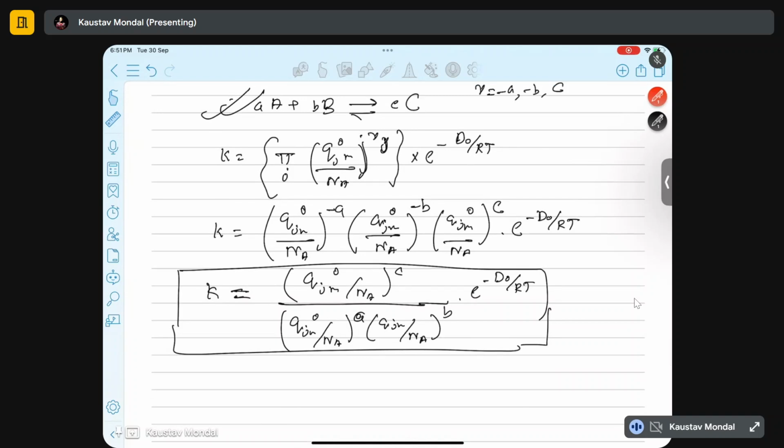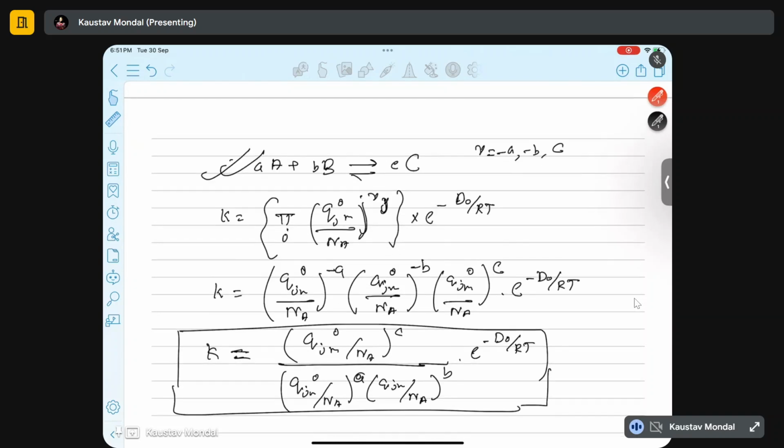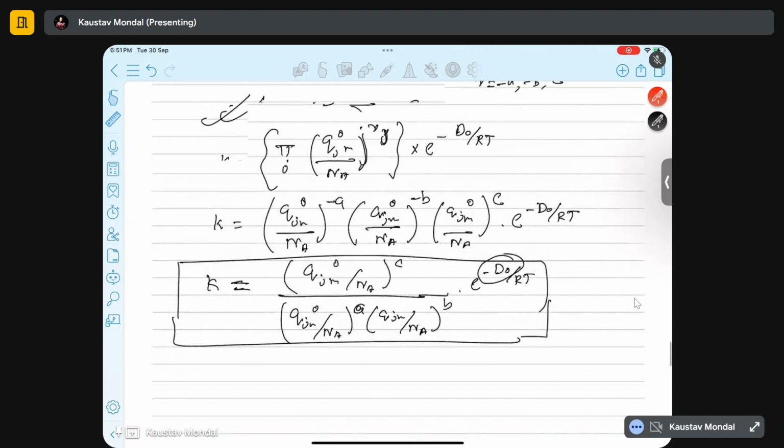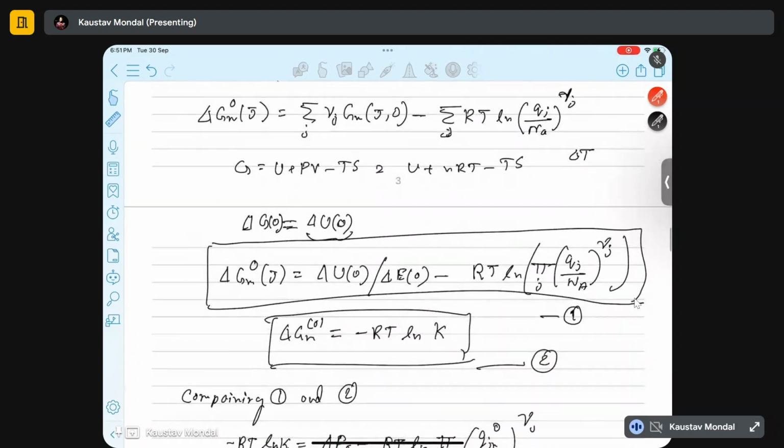Okay, so delta E0 is the change in energy that happens when the reactants A and B form the product C. During that process, whatever the change is, that basically comes here as delta E0. Let me just summarize briefly.